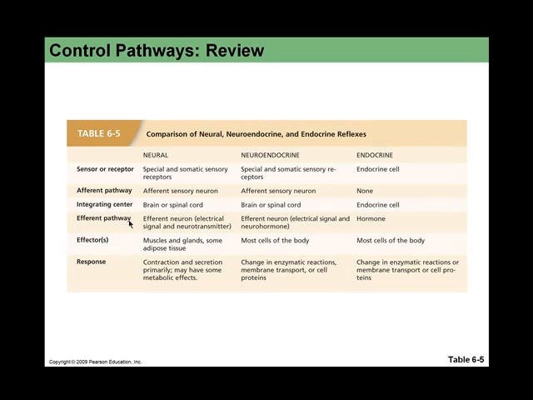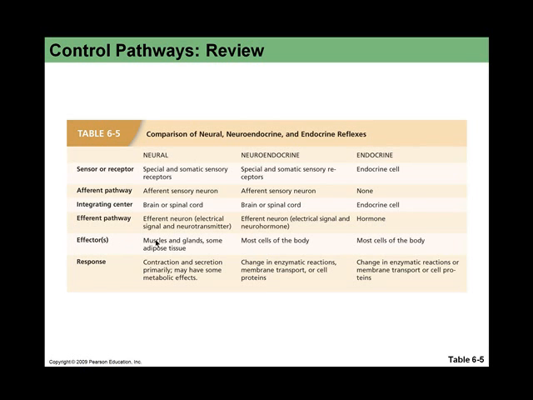The efferent pathway is going to be an efferent neuron, so the electrical signal, the digital signal, being converted to the analog signal, the neurotransmitter that has been released. Then the neuroendocrine has the same, whereas the endocrine is the hormone synthesized and secreted in response directly from the stimulus.